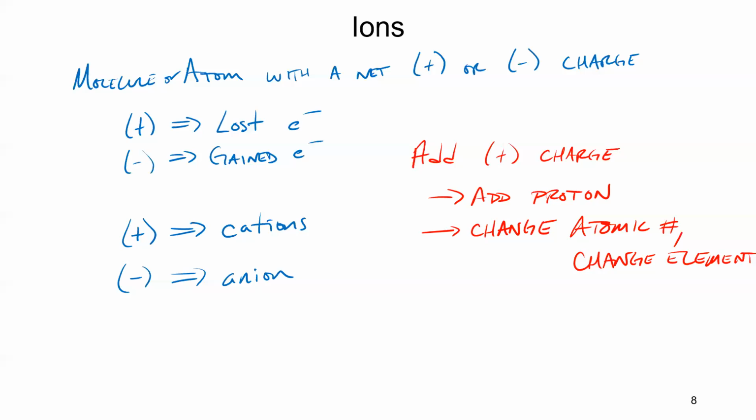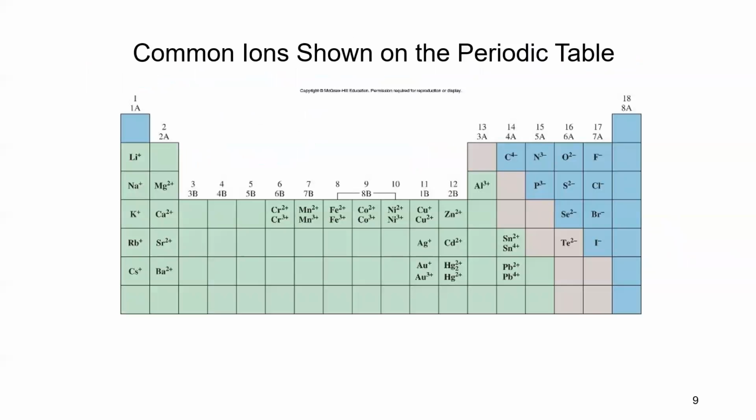Okay, so moving on, if we look at the periodic table, hopefully this is big enough that you can see it on your screen. But if we look at the periodic table, there are some trends that we see in these common ions. Let me tell you what I'm going to do.